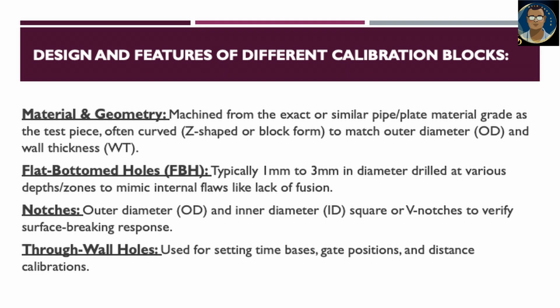Design and features of different calibration blocks. Material and geometry: machined from exact or similar pipe or plate material grade as the test piece, when curved, in Z-shaped or block form to match the outer diameter, OD, and wall thickness.